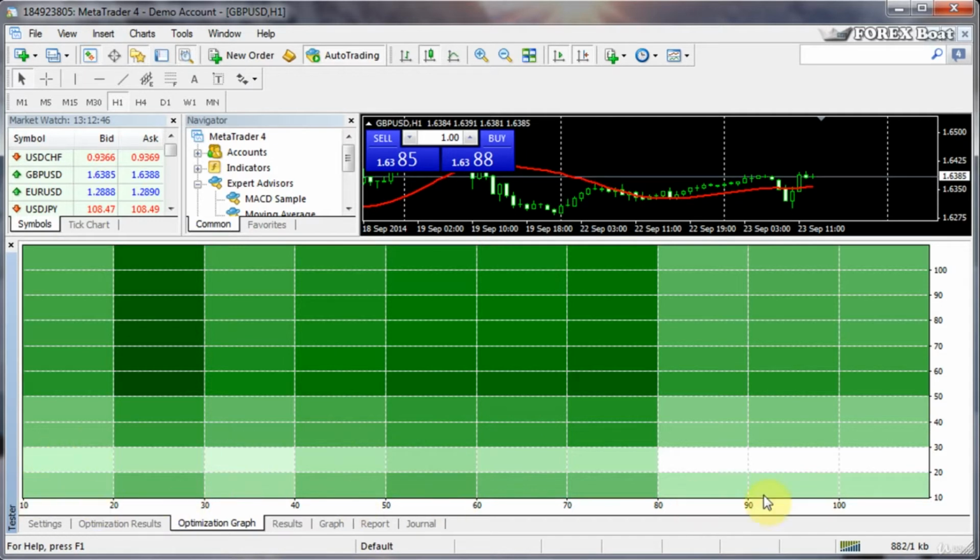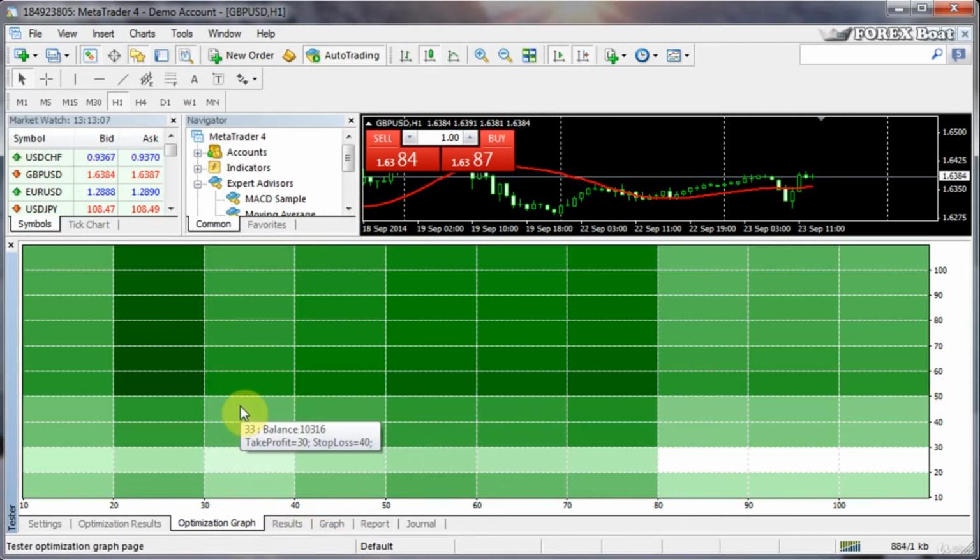Each square represents a set of parameters, and you can find out which ones they are by intersecting the x and y axes.